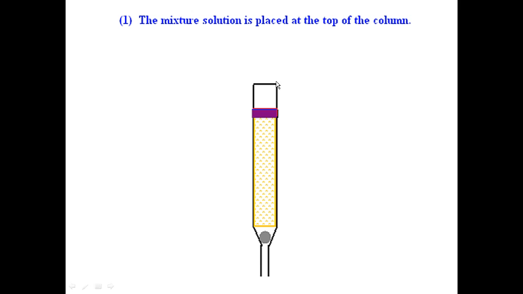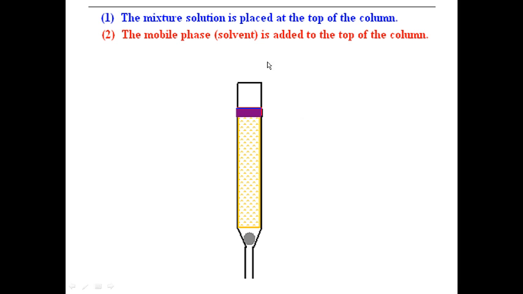So after we have added pure chromatography solvent to the column, we then place the mixture at the top. And so the mobile phase will be added to the top of the column as well. Gravity will cause the mobile phase to move through the column from top to bottom.